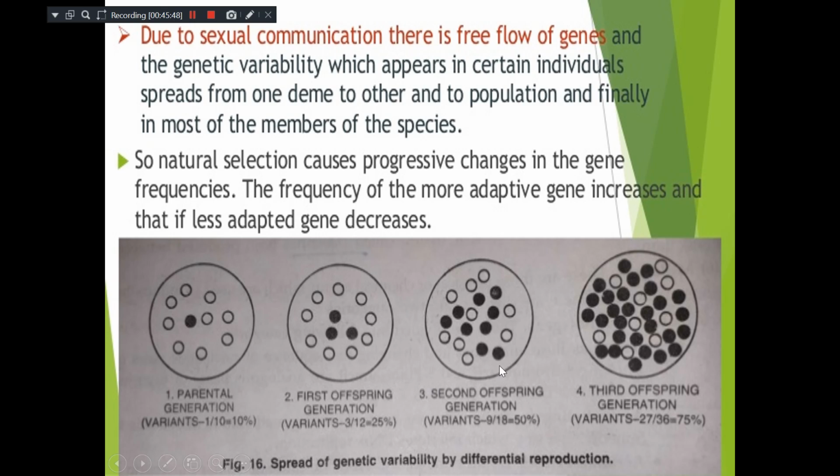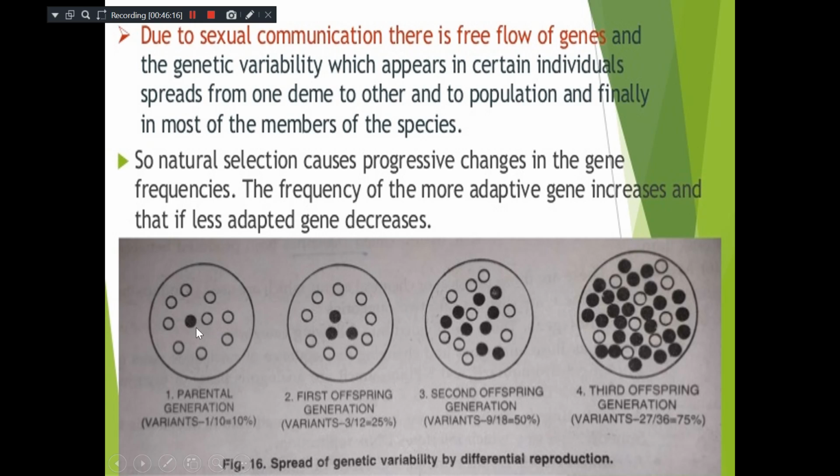Again, I have shown you the gene pool of the peppered moth over a period of time, and how the gene pool has changed. That means nature selected the best adapted one at the given point of time. So natural selection causes progressive changes in gene frequency.